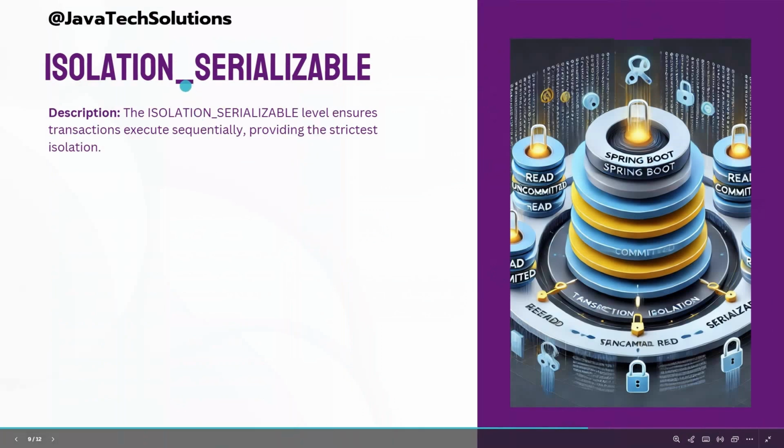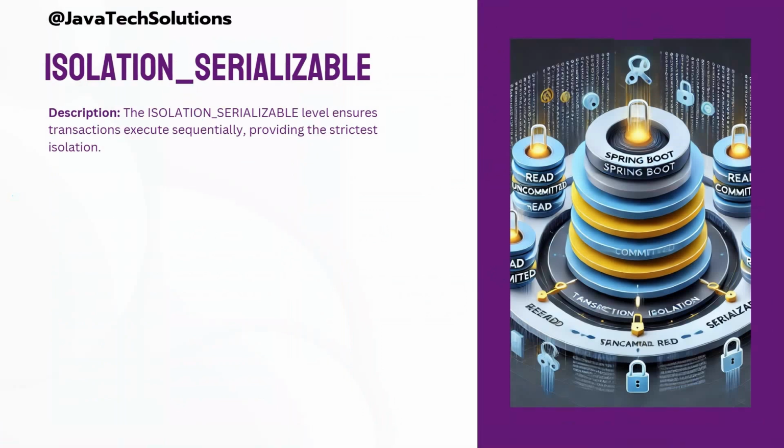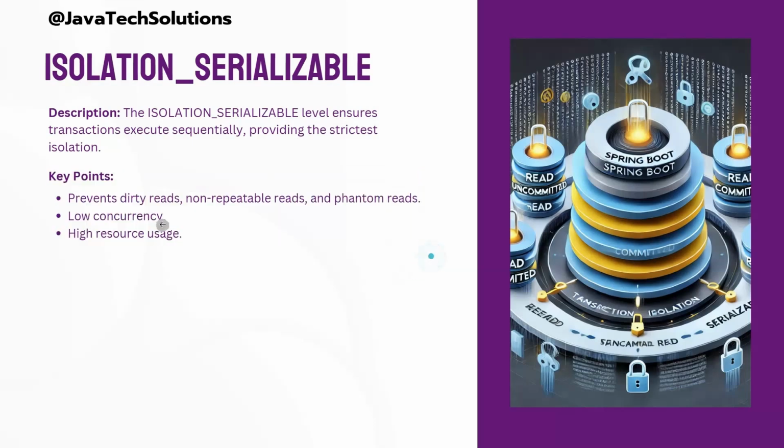Next we are going to talk about the isolation serializable. This level ensures transactions execute sequentially, providing the strictest isolation. It prevents dirty reads, non-repeatable reads, as well as phantom reads. These three it prevents.